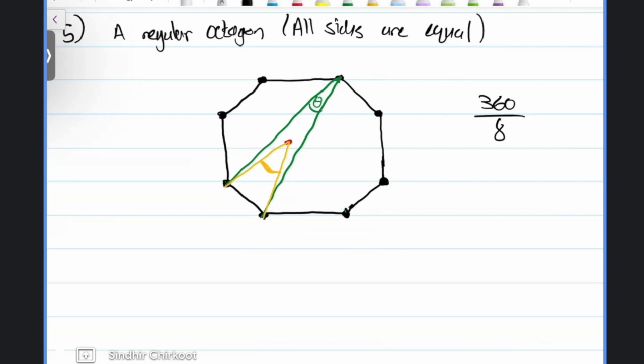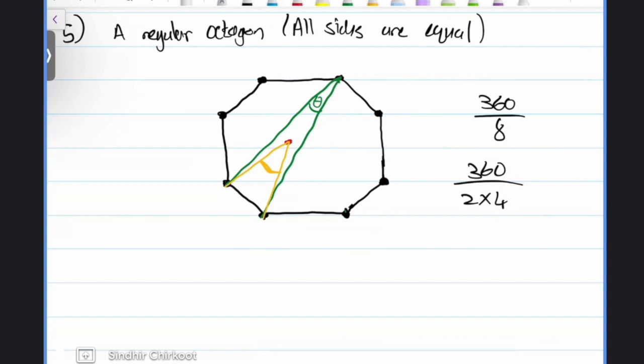Now, if you can't divide 360 by 8, it's okay. What you do is the following. You break up this 8 into something a little bit easier to divide this 360 by. So you'll say, okay, I'm going to break it up into 2 times 4. Now I go and say, okay, how much is 360 divided by 4? Because I know I can divide it by 4, or you can even divide it by 2. It's really up to you in that sense.